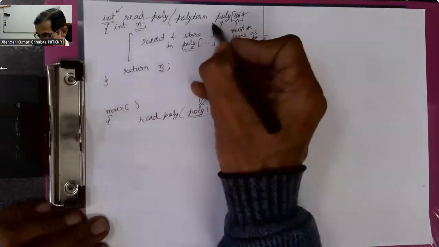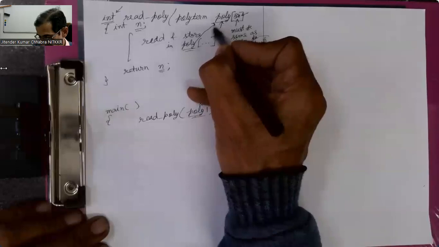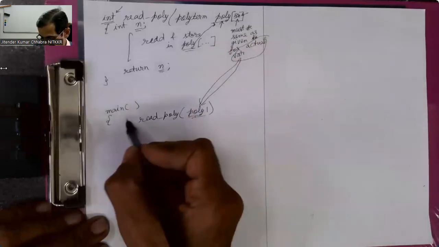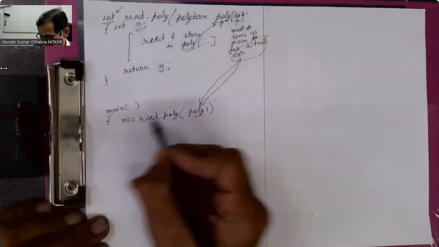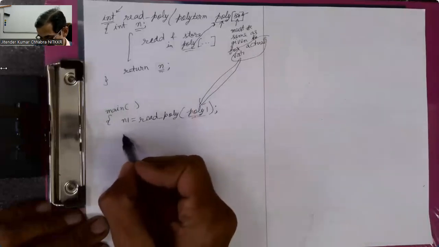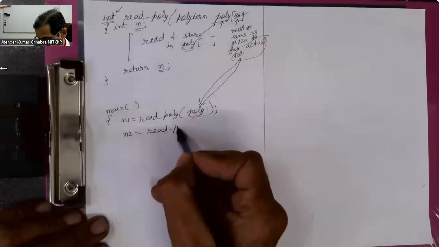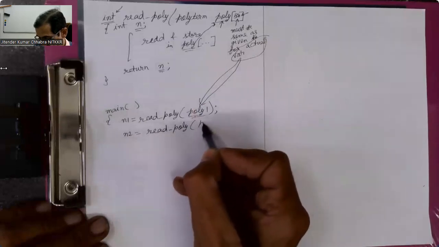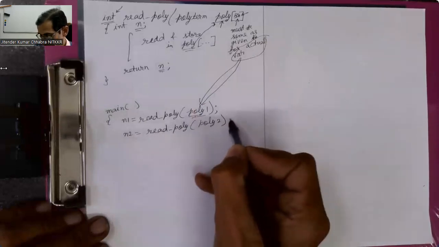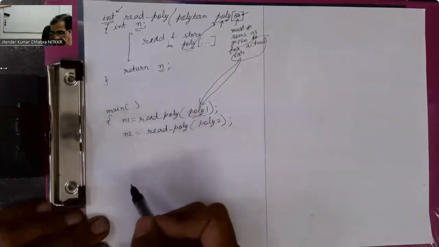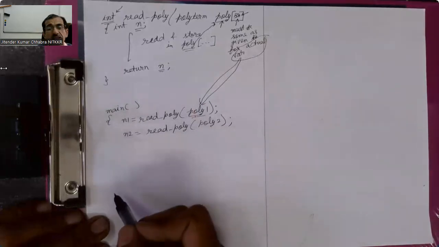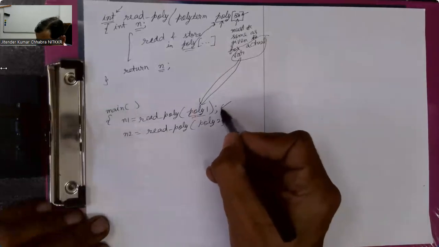And that will be automatically returned to the caller. So effectively, my call is going to be something like this. Second time the call is going to be n2 equal to read poly 2. So through this, I will be able to read both polynomials just by calling the function again.